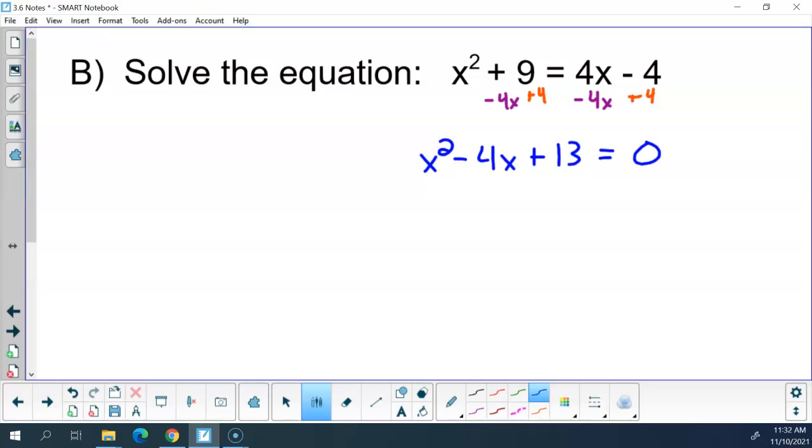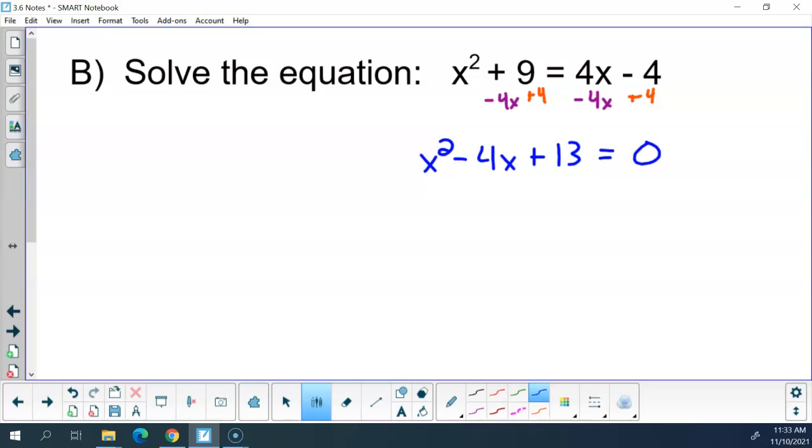Yes? Can I factor? No. Two numbers that multiply together to be positive 13 and they had to be negative 4. Only ones I know of are 1 and 13 and they don't add to be 4. Okay? So what do we got left? Can I subtract 13 and square root both sides?